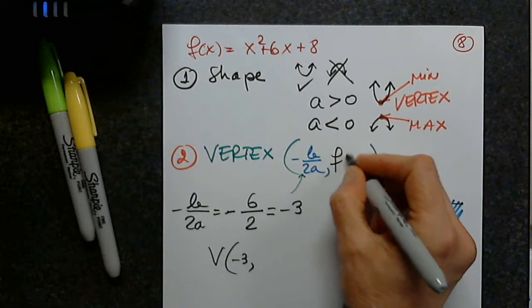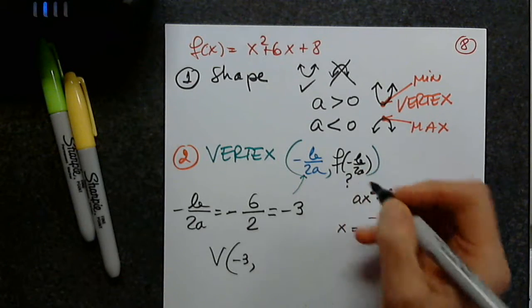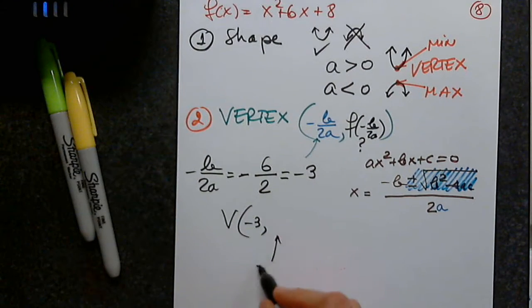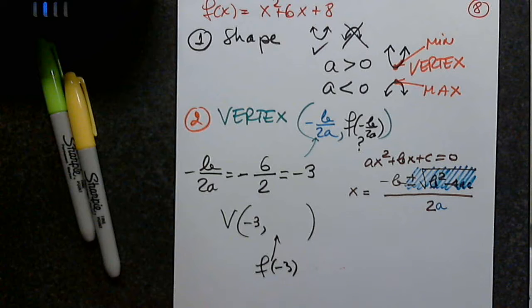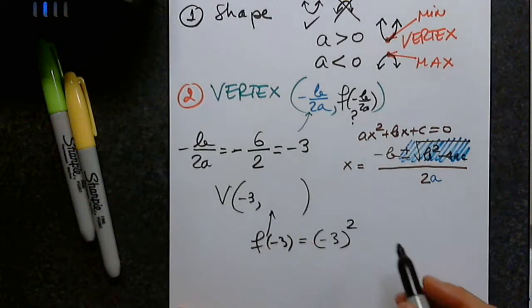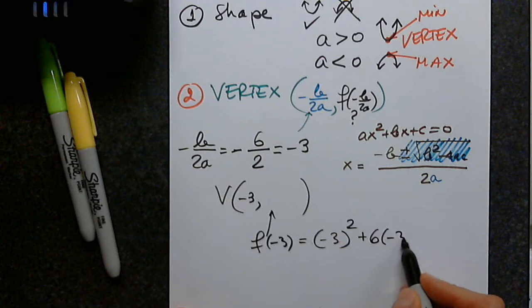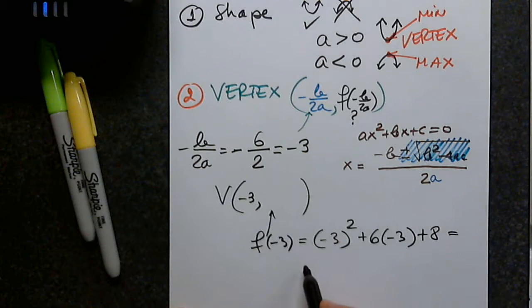This must be f of negative b over 2a. No discussion there. This must be f of negative 3. There is absolutely no discussion, right? If for a function I have the x value, how do I determine the y value? Exactly. Very good. So f of negative 3 squared, plus 6 times negative 3, and plus 8.